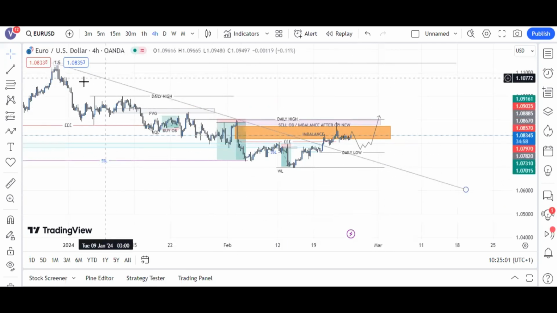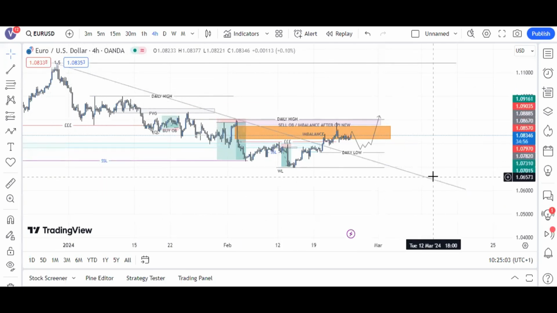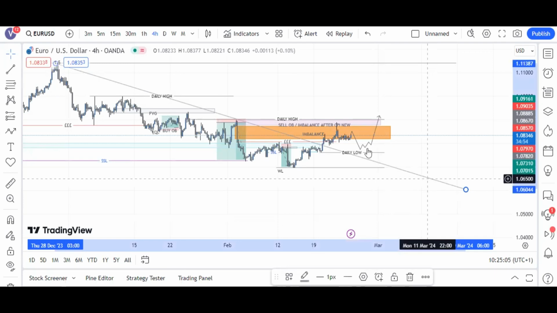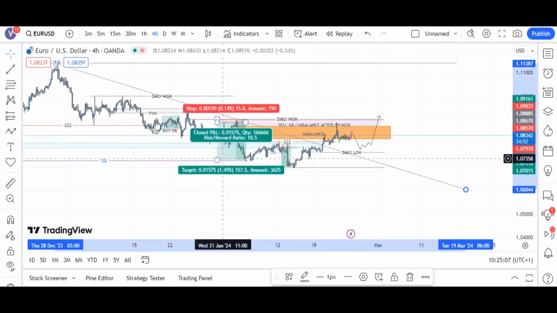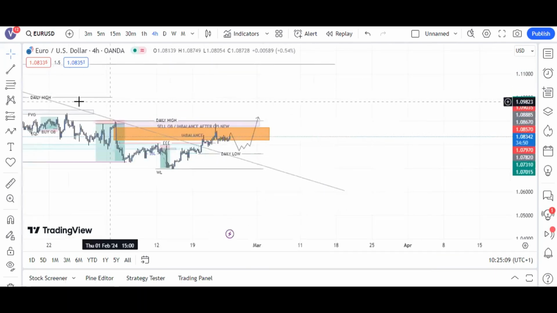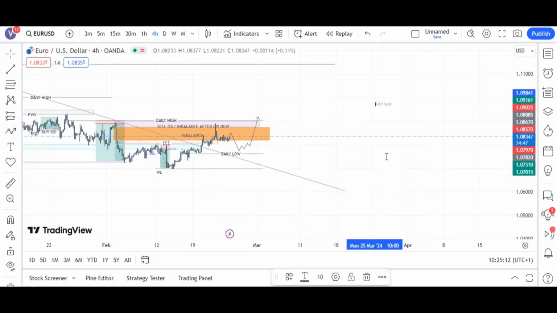So now, the number two confluence for me wanting to take a buy, with this one, the trend line break being confluence number one. Break of trend line.